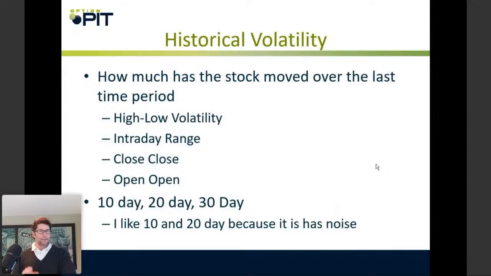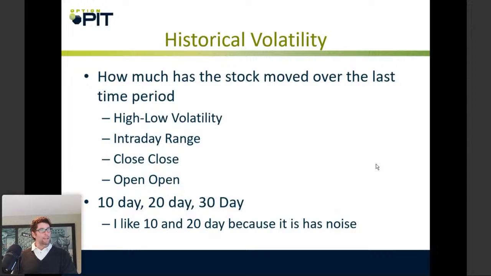Historical volatility or realized vol. You'll see both of those terms just to make it more confusing. Historical or realized vol is how much the stock has moved over the last time period. People like charts because it gives them context. The stock was there, I think it's going to go there. Volatility is, okay, well, the volatility of this stock has averaged 20% over the last 10 days.